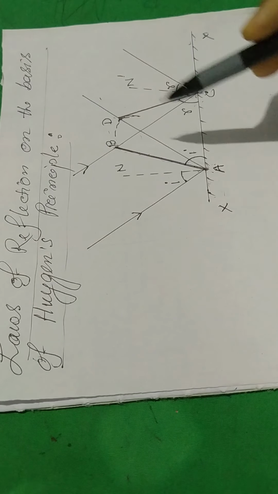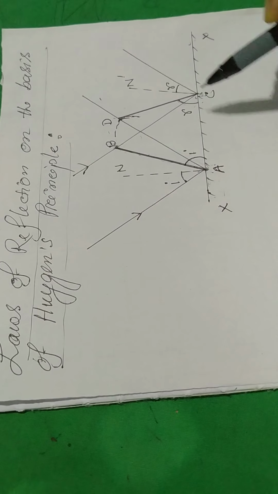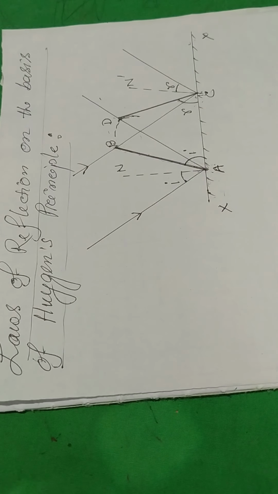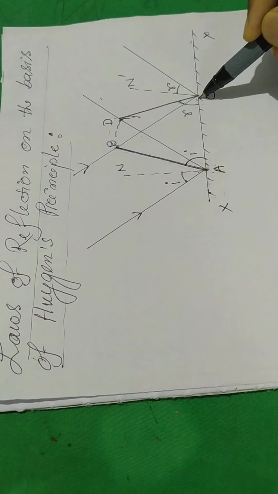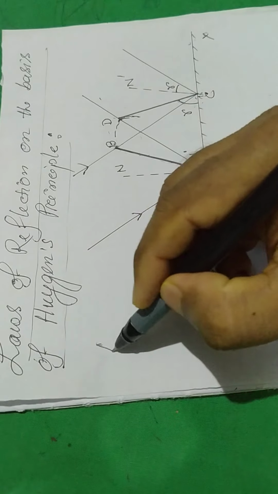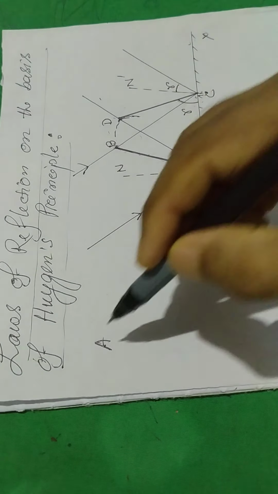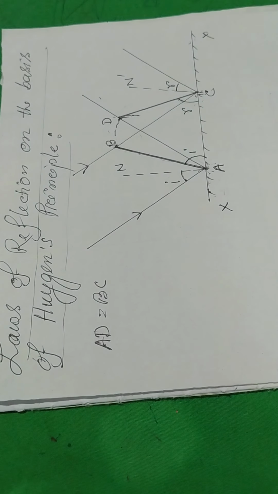Let the secondary wavelet from B reach C on the reflecting surface and travel a distance. You see, when B reaches C, then A reaches D. So ultimately AD equals BC.